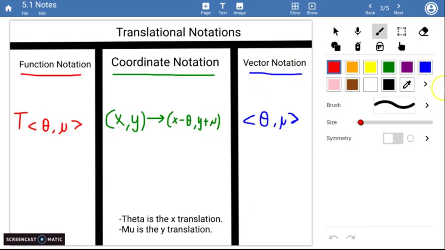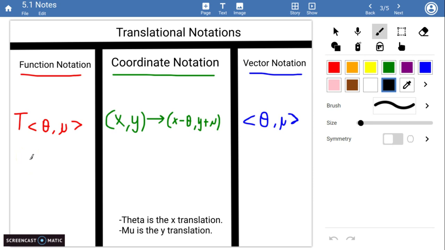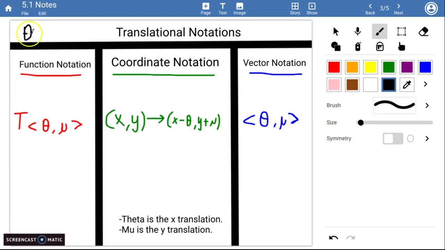All right, here are notations, which is how you can write the transformation, like when you say it moved down 5 and to the right 3. Okay, good, but how do you put that into an equation? Here are different ways that you might be asked to do it. We are using some Greek letters: theta, which looks like an O that's chopped in half, and mu, which looks like a backwards lowercase u.